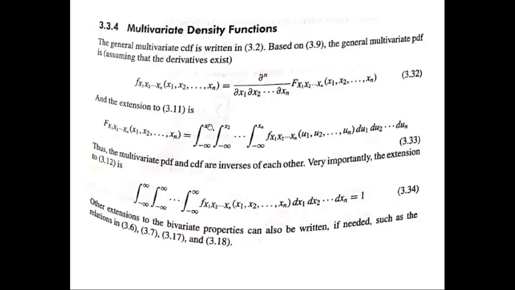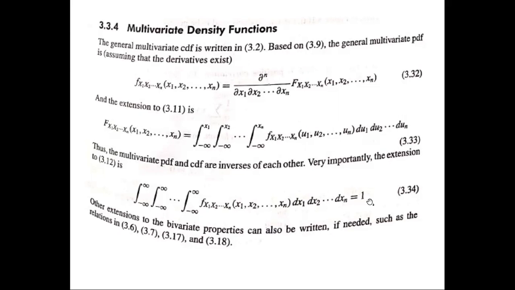Further, if we take the limits x1, x2, x3, up to xn to be infinity, we get the total area or volume for n dimensions corresponding to x1 to xn. The total under the probability density function of a multivariate random variable will be equal to 1.